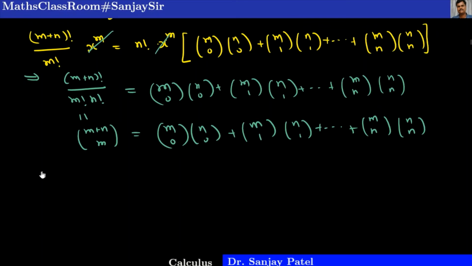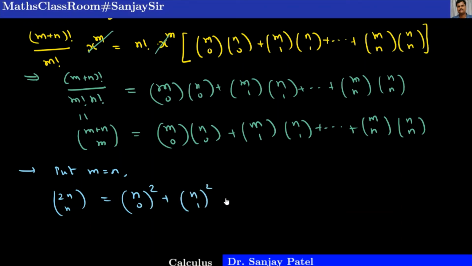So this proves the result, and putting m equal to n in this, we'll get the next part. Here we get 2n cn is equal to nc0 into nc0, that is nc0 square plus nc1 square plus and so on, plus ncn square.